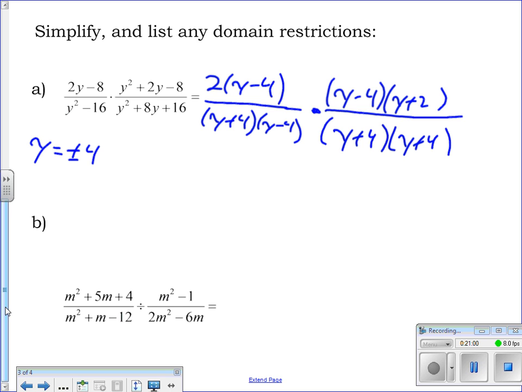So for example, I have a y minus 4 here, and I have a y minus 4 here. Do I have anything else in my numerator that matches something in my denominator? No, I have two things in my denominator that match each other, but they're both in the denominator. They do not cancel out. My answer is everything else that's left.